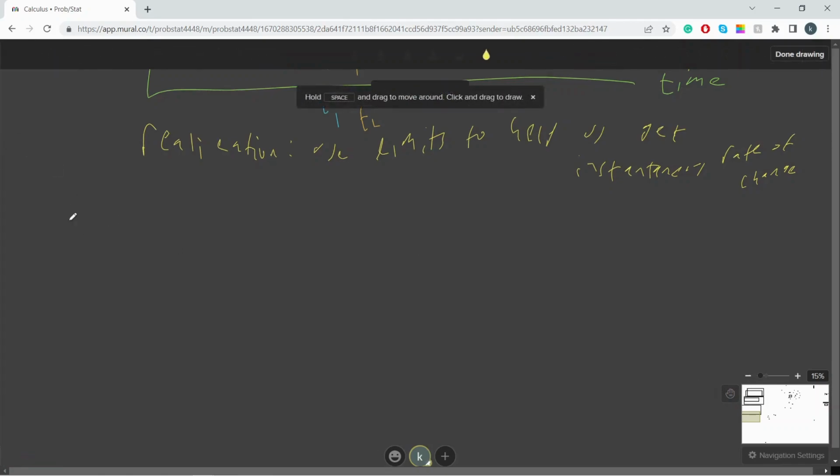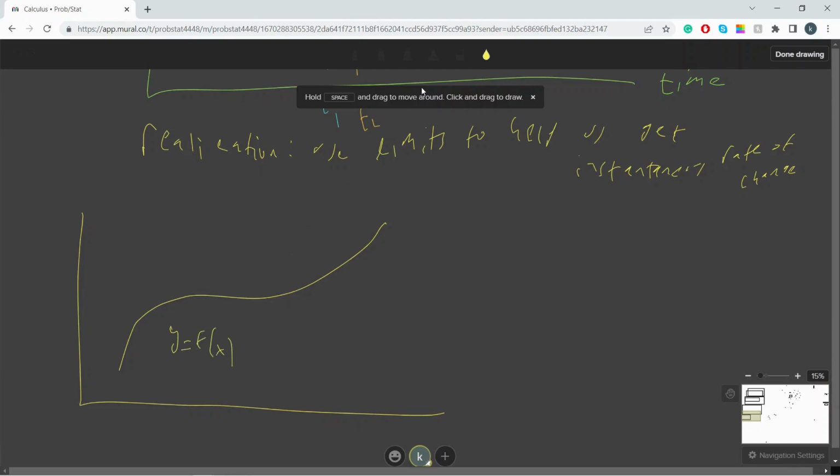So I'm going to draw this function right here, right? Let this graph be f of x, right? So let y equal f of x as our function. And suppose we want to take what is the rate of change of this function, right, at this blue point right here.